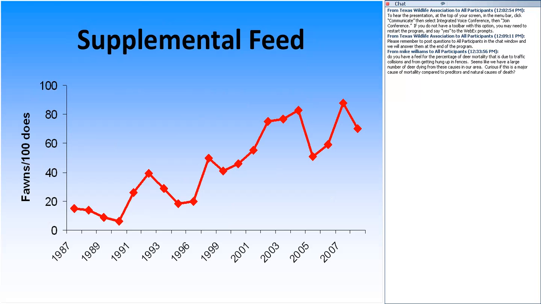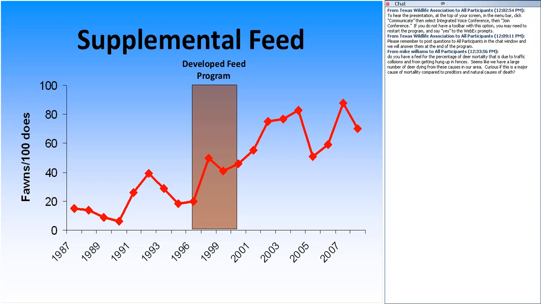So here's some data from a ranch out in Webb County from 1987 out to 2009, and these are fawn-doe ratios. You can see a lot of variation like we've seen in some of these fawn-doe ratio data, but there's a trend there. And if we want to know what got that trend really kicked off, in the late 1990s, this particular ranch developed a pretty intensive feed program.